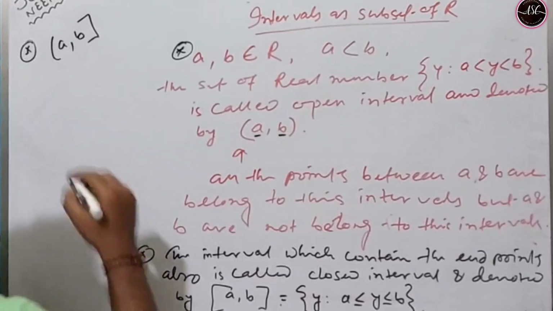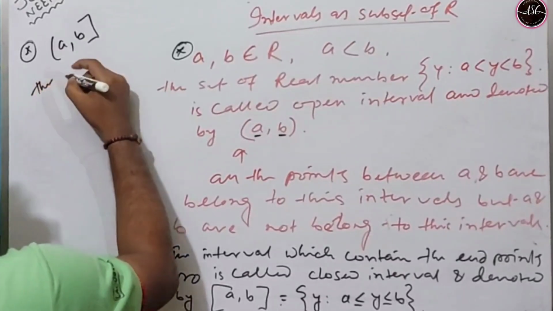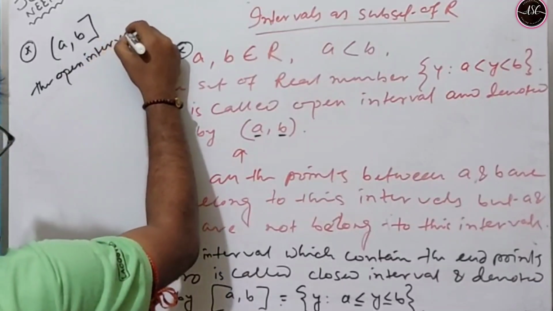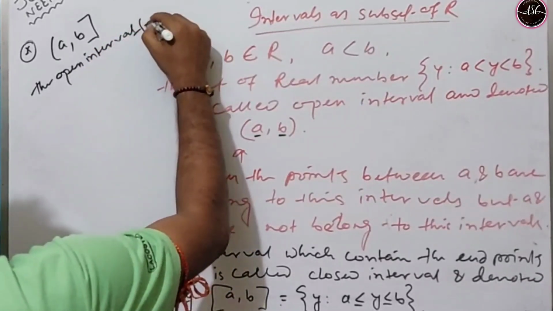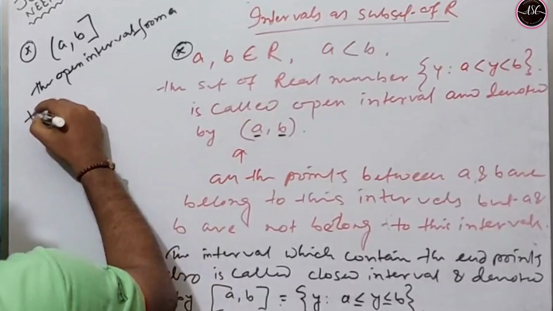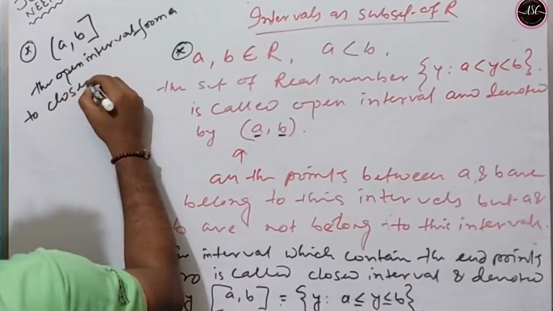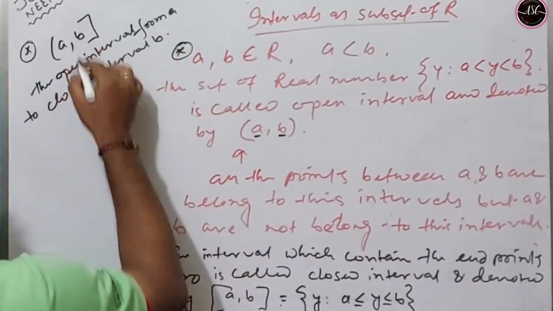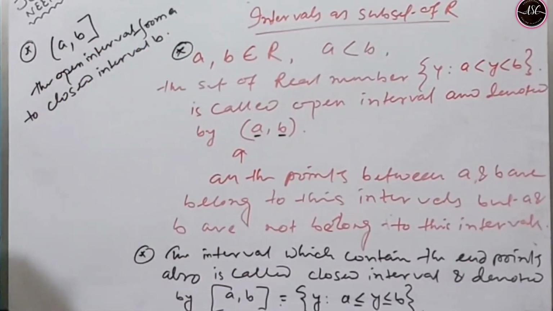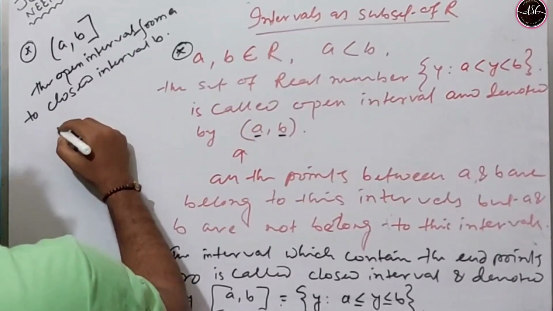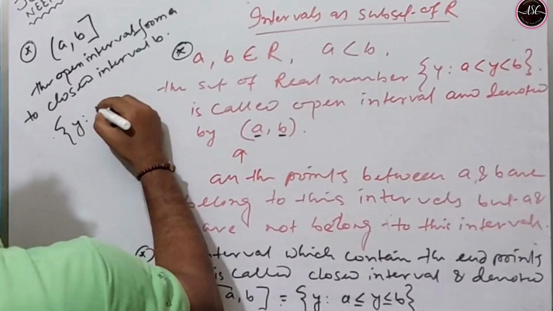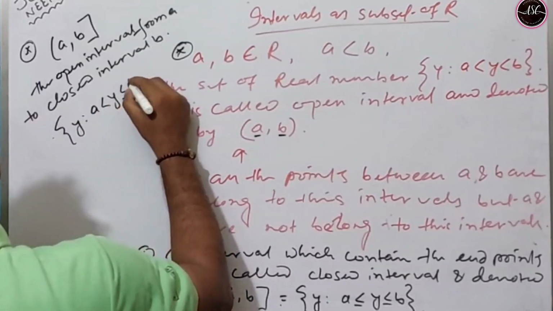So the open interval from a to closed interval b can be expressed as y such that a less than y less than or equal to b.